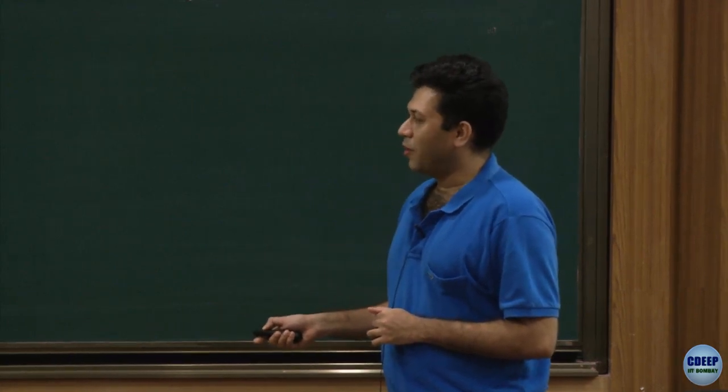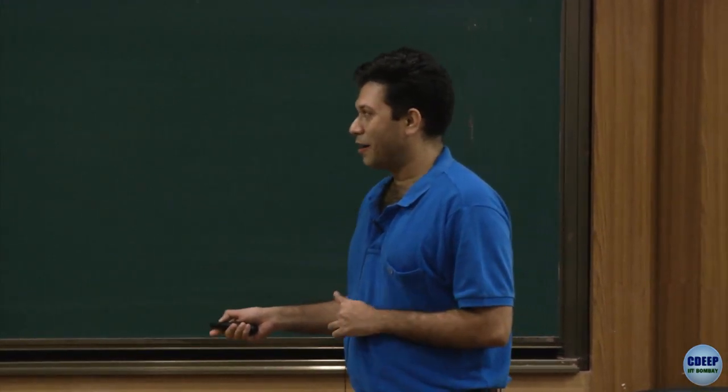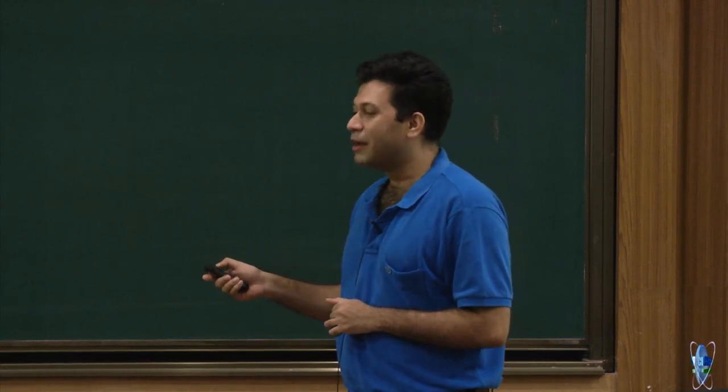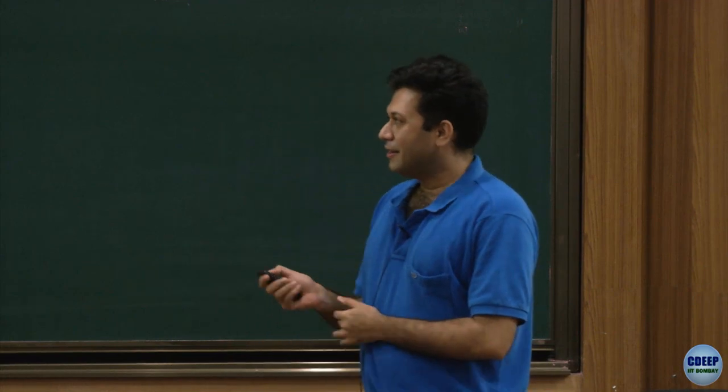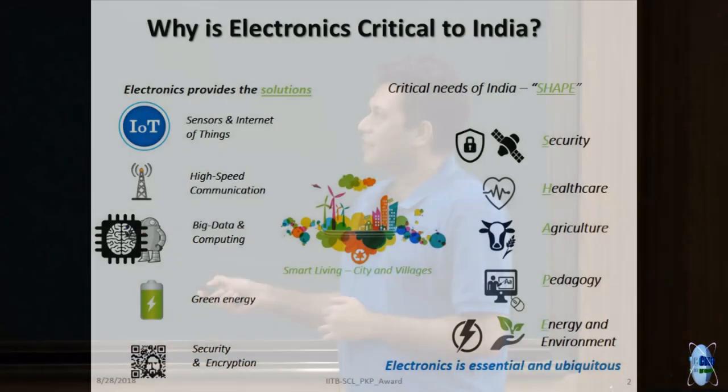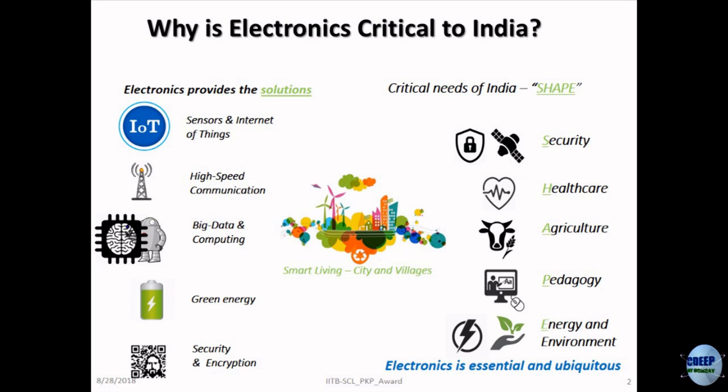And I think one of the people from this institute coined the term SHAPE, because this seems to be what would shape India's destiny. If you look at all these, then you have to ask who provides or solves these questions. And on the other side is electronics and what that would contribute to each of these solutions. So there is sensors and Internet of Things, high-speed communications, big data, green energy, security and encryption.